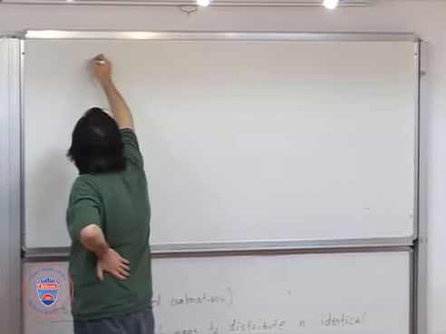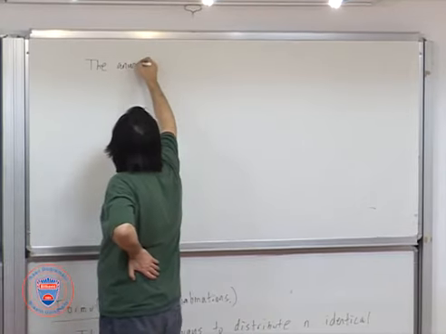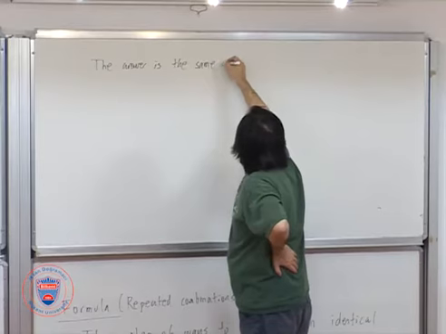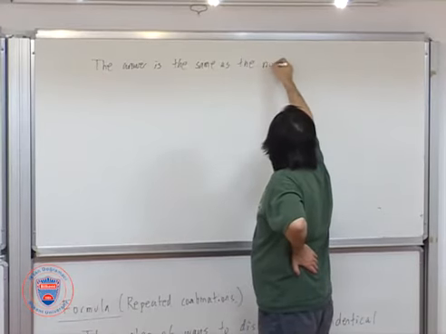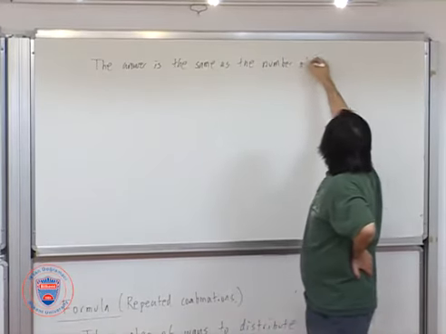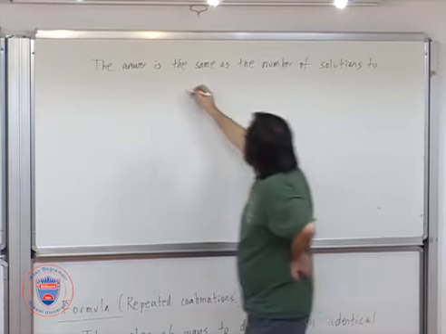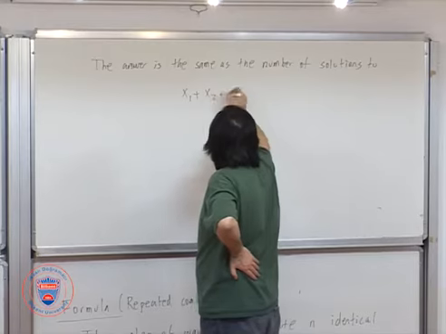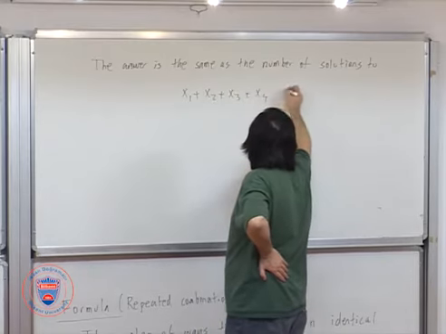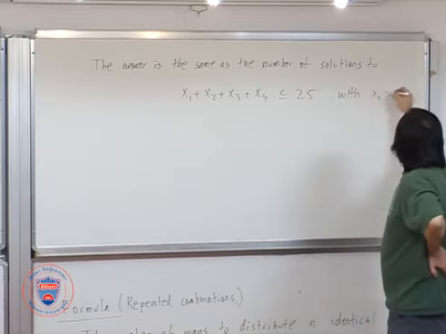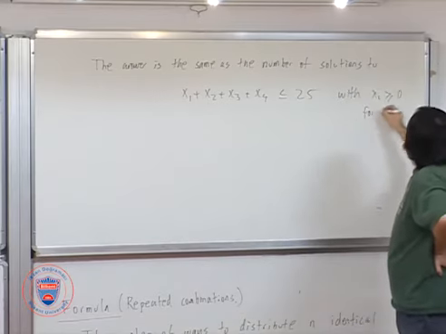So the answer is the same as the number of solutions to this equation with xi bigger or equal to 0 for all i.